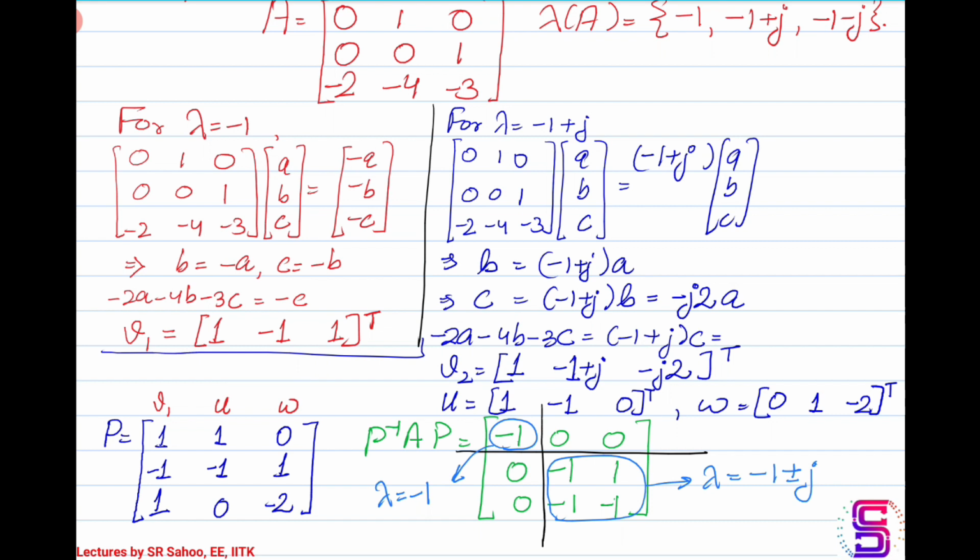This particular part is the Jordan block corresponding to the complex eigenvalue lambda. This is how the real Jordan form is obtained for matrices with complex eigenvalues.